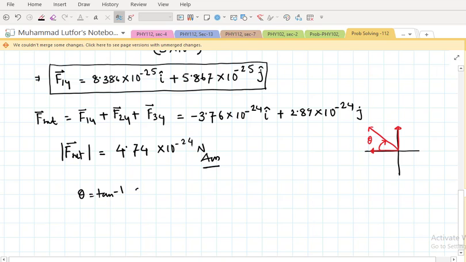So 2.89 divided by minus 3.76, because the 10 to the minus 24 will cancel out.